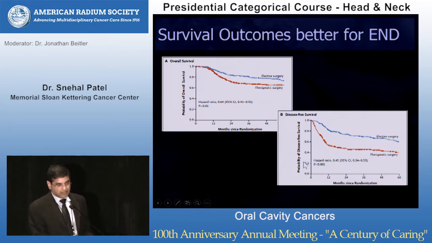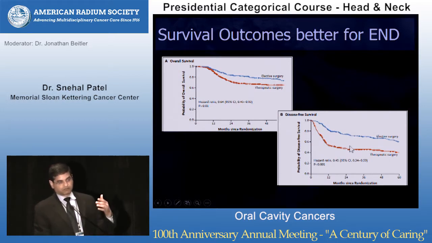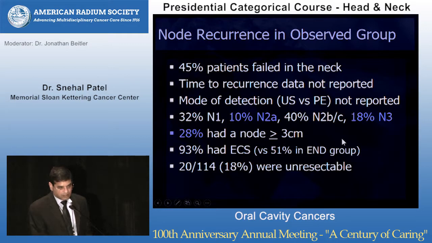And that kind of translates into these survival differences. So not surprisingly, if you look at elective neck dissection, those patients did better compared to the observed group, where they waited for the patient to fail in the neck and then treated them with neck dissection and adjuvant treatment as indicated.